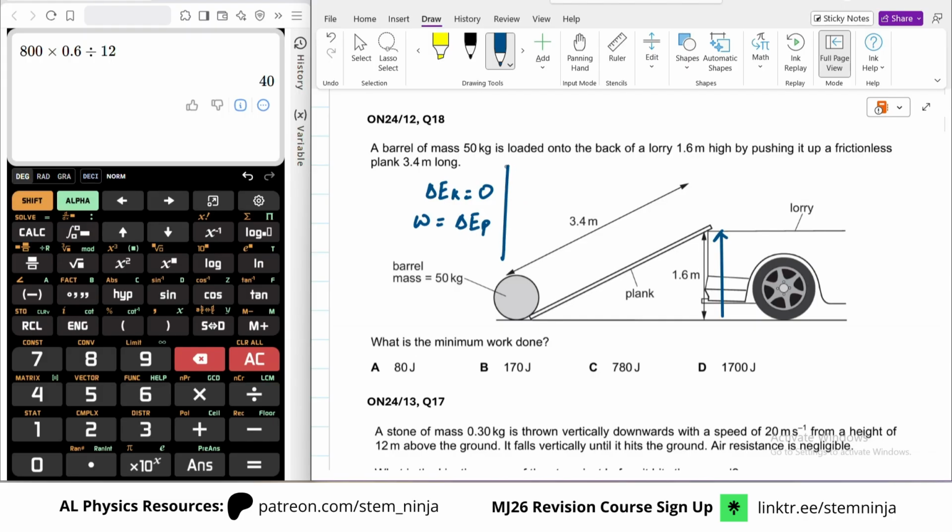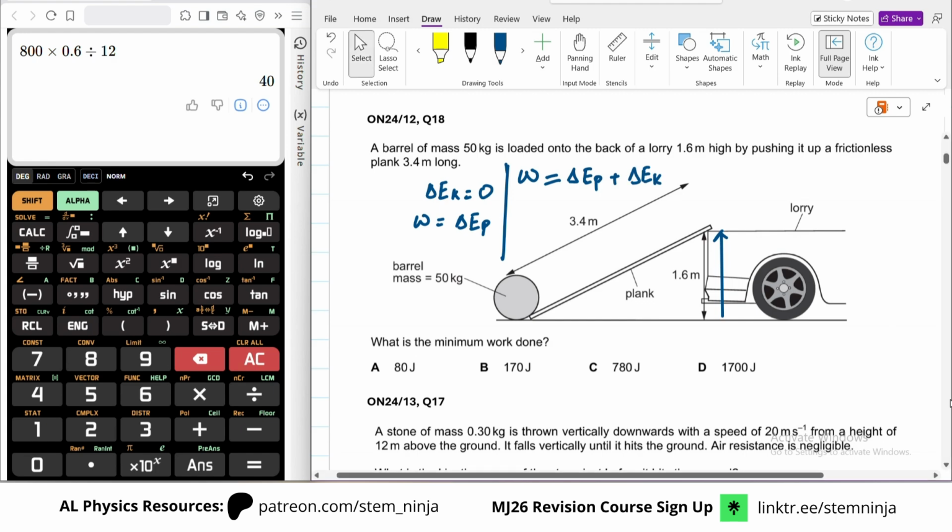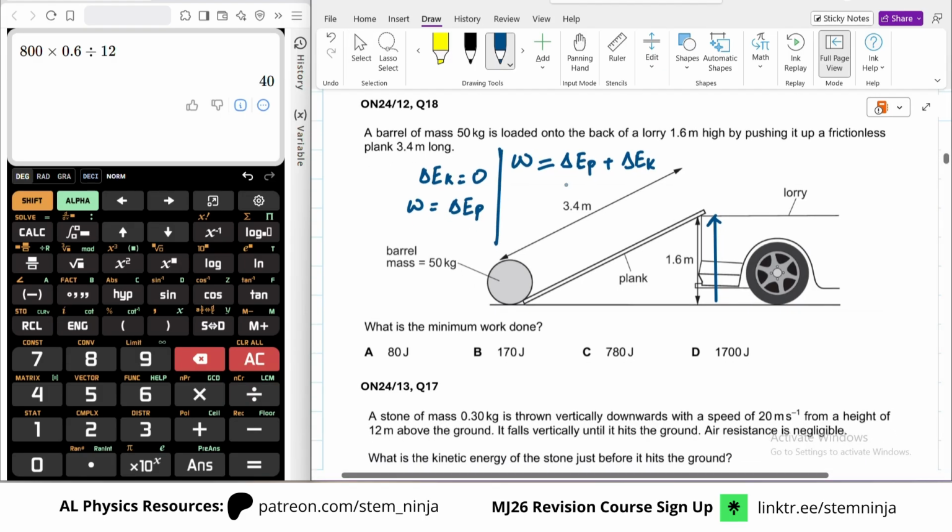If, however, that is not the case, the general form would be that work done is greater than the change in this, or you can say equal to the change in gravitational potential energy plus the change in kinetic energy. You can see the entire lecture for this, and also the work kinetic energy theorem video.